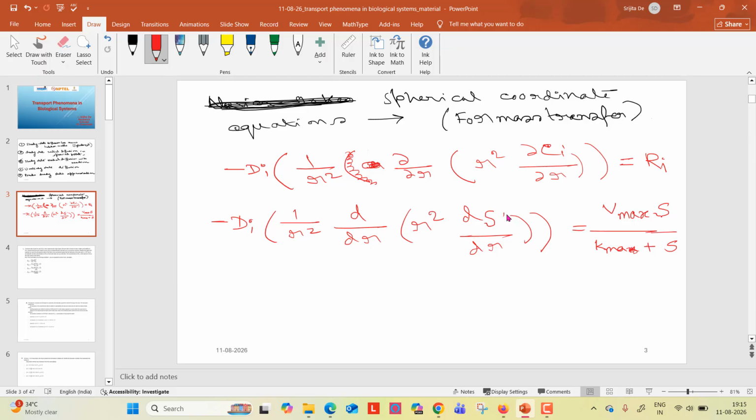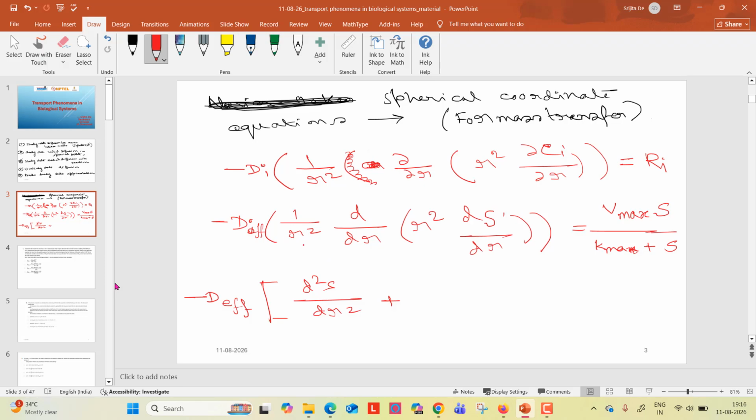So now if you just multiply this, express this, it will be minus D effective, the effective diffusivity. So two terms are there, so we will take the derivative of it one by one. It will be d2S/dr2 plus, keeping r squared constant, we take d/dr of r squared, which is 2r.